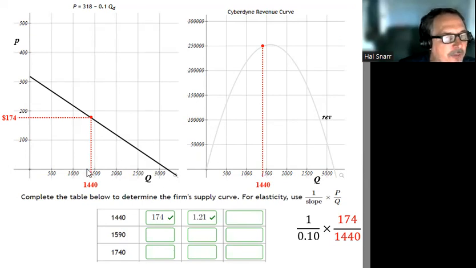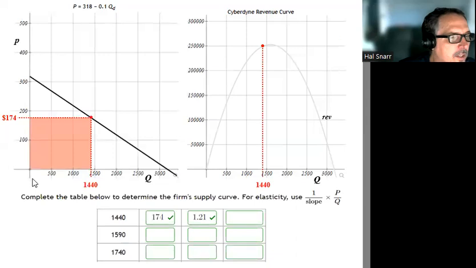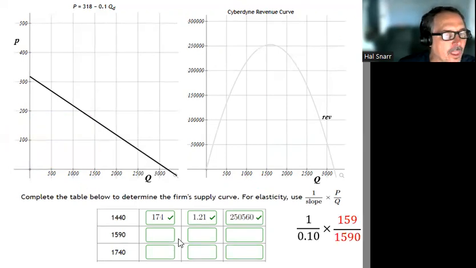The revenue can be found by multiplying the width of this orange rectangle by the height of the rectangle, 174 times 1,440. And that is the height of this revenue graph, $250,560.